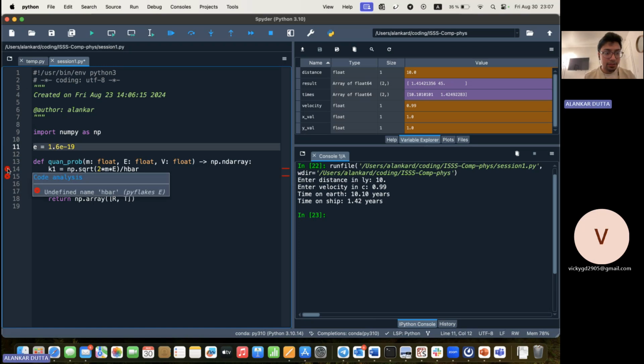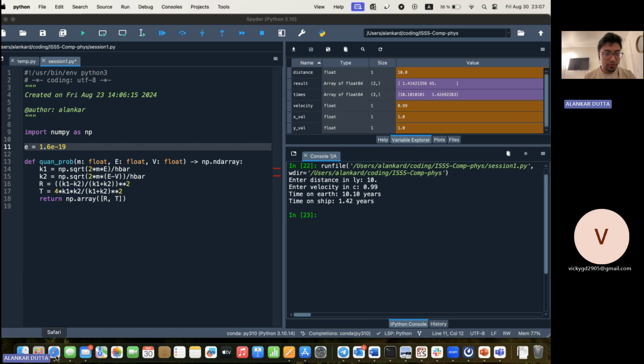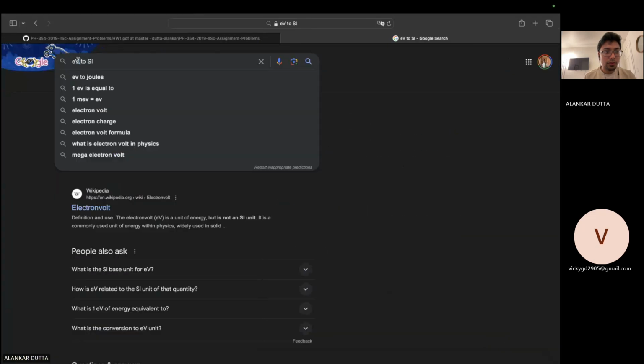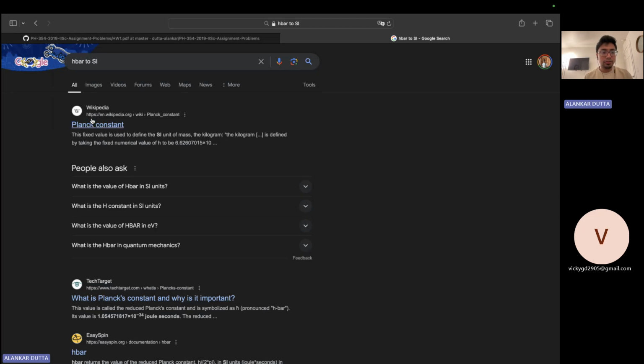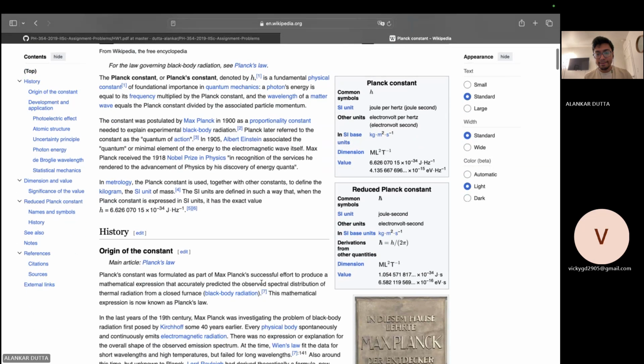And let's see what's missing in here: h bar. H bar is a quantum mechanical constant, related to Planck's constant. H bar is nothing but h divided by 2 pi, basically.